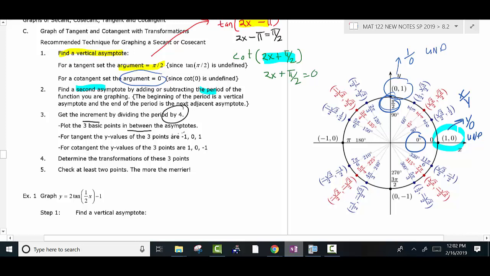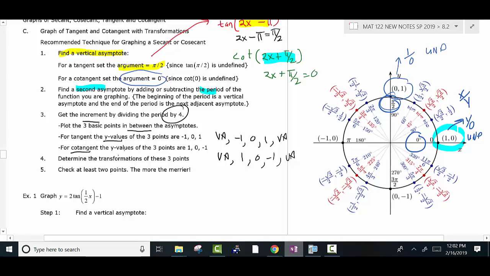And remember, for the tangent, the key y values go, in order, vertical asymptote, -1, 0, 1, vertical asymptote. But if it's a cotangent, it goes vertical asymptote, 1, 0, -1, vertical asymptote. So if you memorize that, then you got it made, okay?